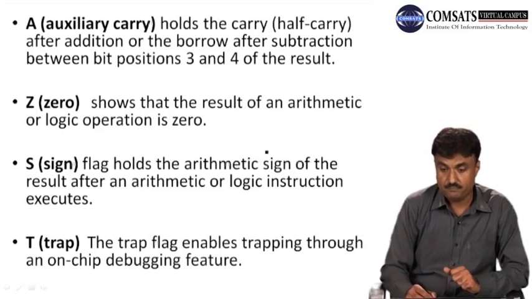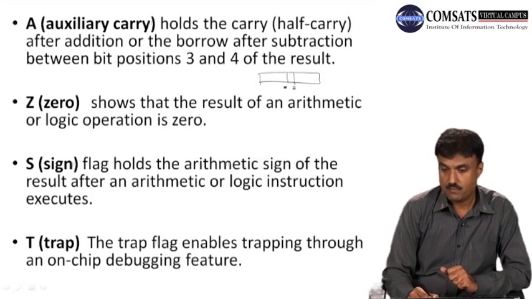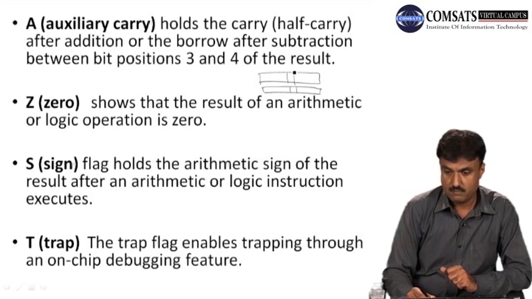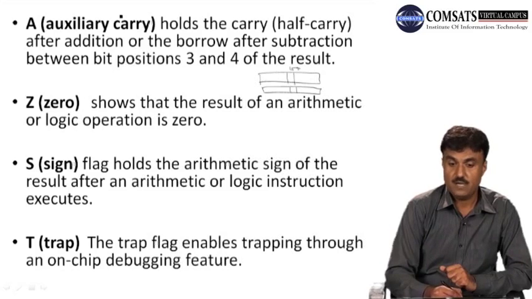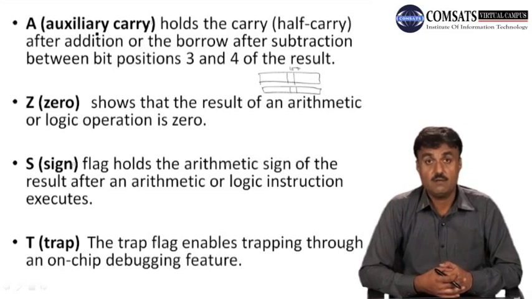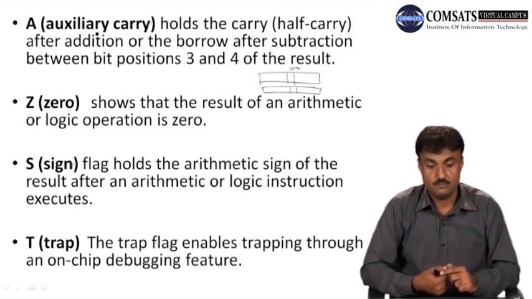For example, if we perform addition or subtraction on 8 bits, and there is a carry or borrow between bit 3 and 4, then this flag will be high to show that either there was a carry from 3 to 4 or a borrow from 4 to 3, and so on.